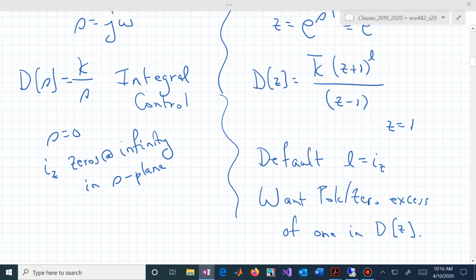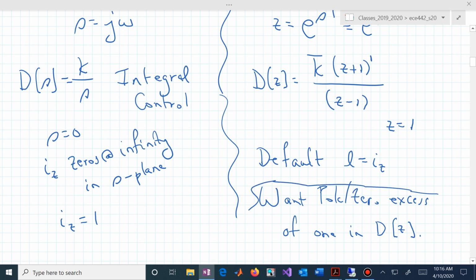Now to make that happen, in this particular case, we would actually want to lower that L from I sub z, which in this case, I sub z is equal to 1. We have 1 zero at infinity in the S-plane. Over here, if we did the default, we would just say we want this one factor, z plus 1, to be present in the numerator of our discrete equivalent.